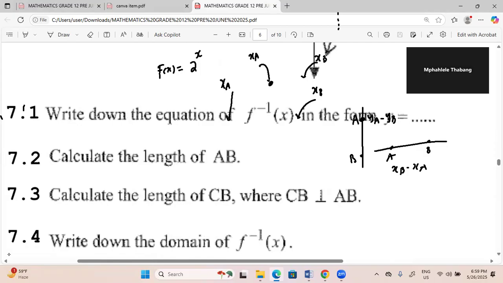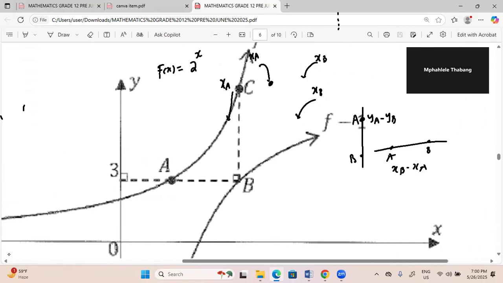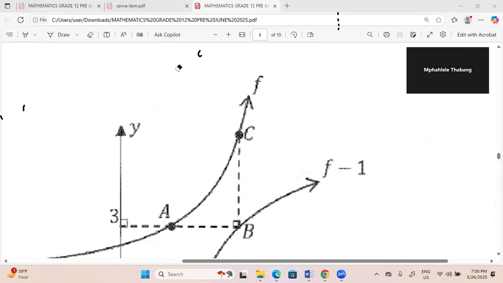Now calculate the length of CB, where CB is perpendicular to AB. So let us go to CB. They say CB is perpendicular to AB. He's simply saying this line CB is parallel to the y-axis, because we already know that AB is perpendicular to the y-axis.